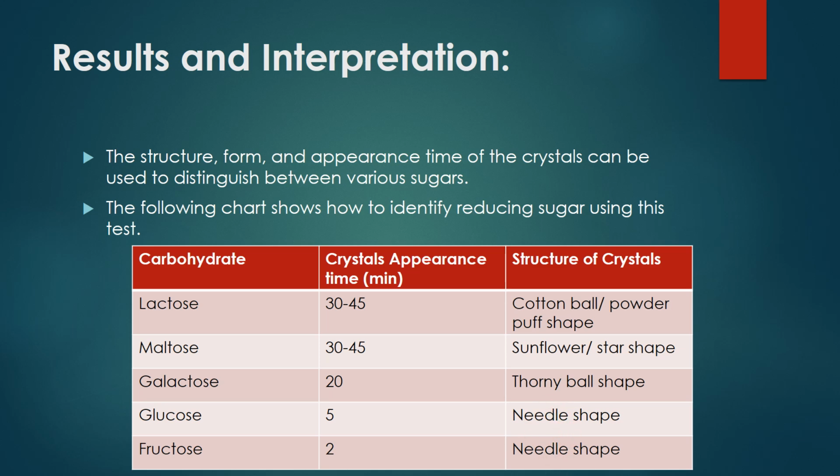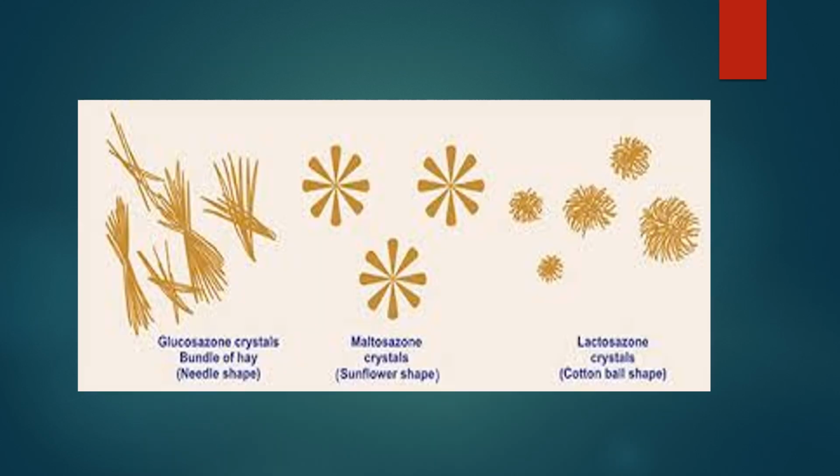Okay, so these are the shapes under microscope. This is the shape of osazone crystals. As I said to you, this test result is based on the appearance of the crystals, not the color of the final solution as in the other previous tests.